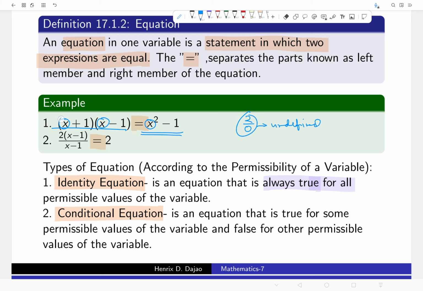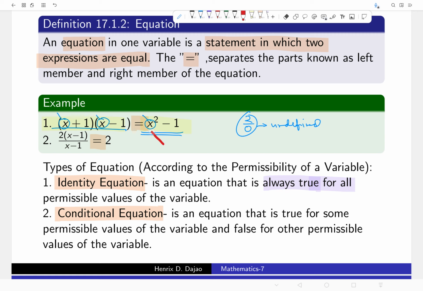Anyway, what are those values of x that we can substitute so that the left and the right sides will not be undefined? As you can see, the values of x that we can substitute are any number, or all real numbers.